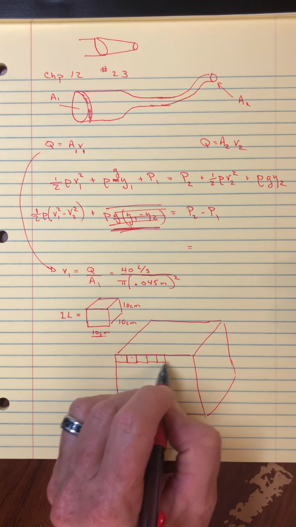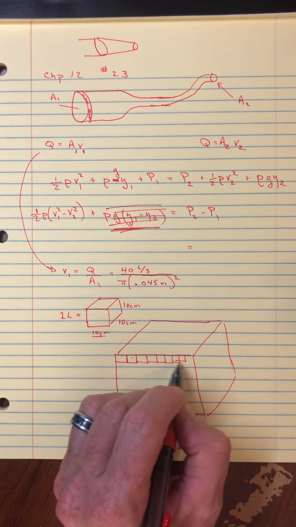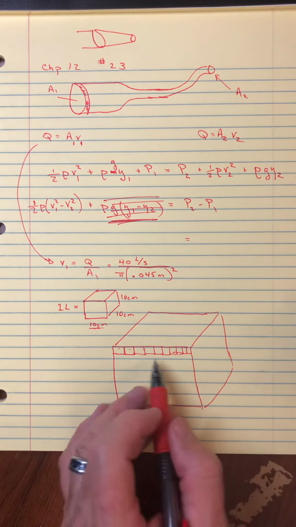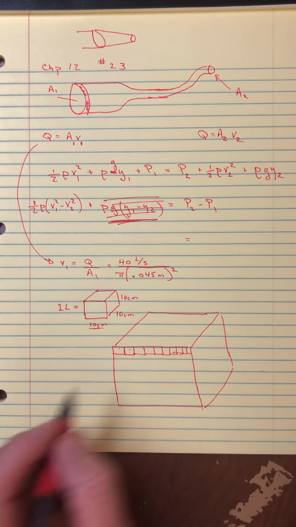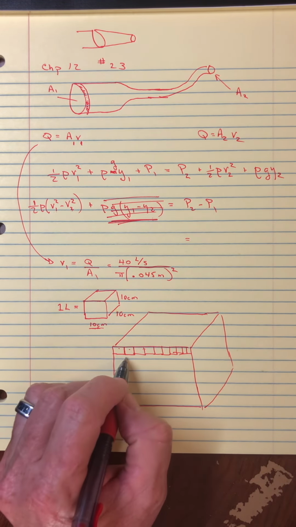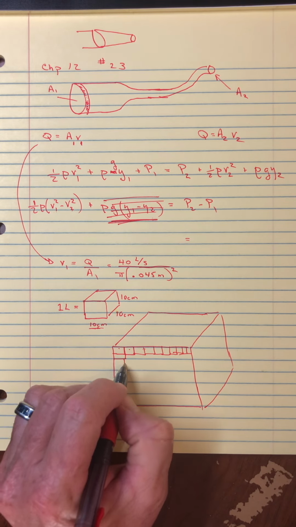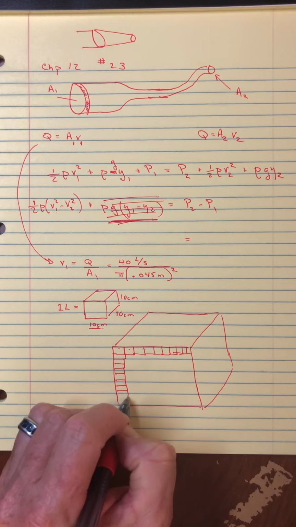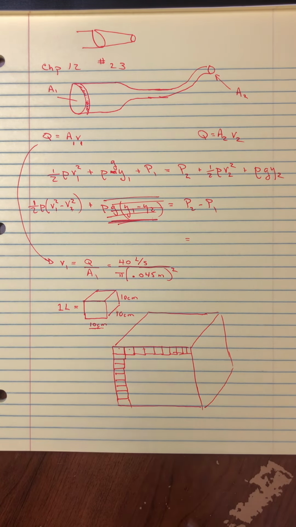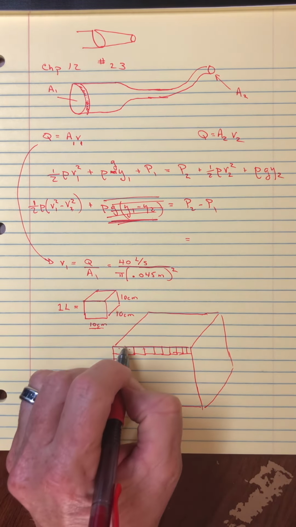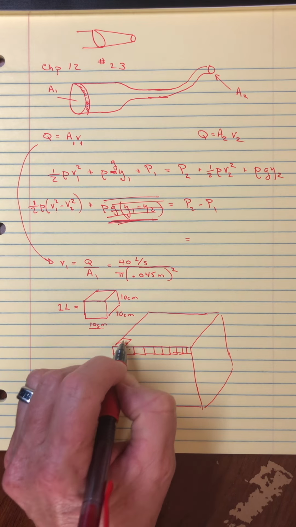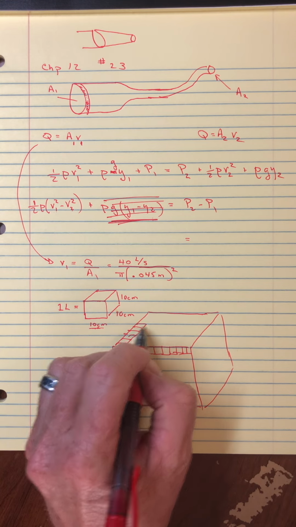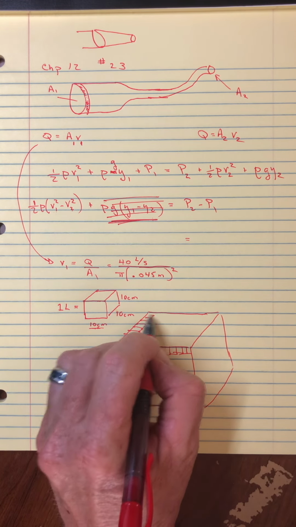1, 2, 3, 4, 5, 6, 7, 8, 9, 10. Forgive my drawing not being equally spaced, but you're going to put 10 across here. And in the vertical, there's going to be another 10. And in the depth, there's going to be another 10.